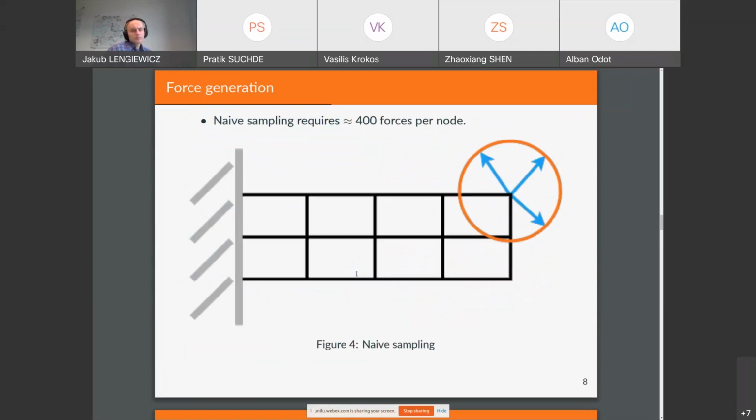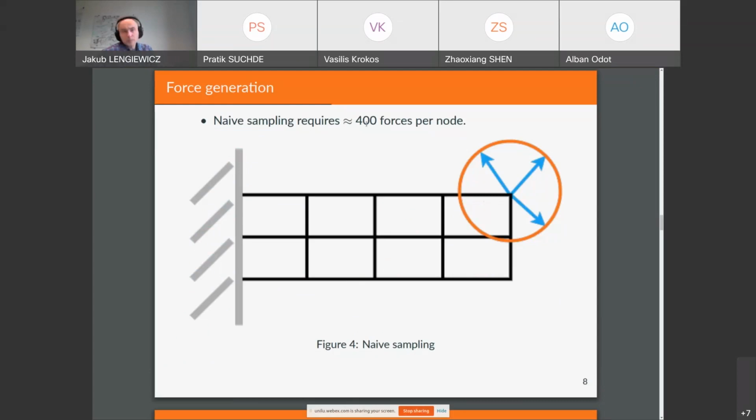Okay. So that was about the Newton-Raphson algorithm. Now about the dataset generation. From our testings, naive sampling requires around 400 forces per node. So if your surface has 200 nodes, it quickly grows to an undoable dataset generation.